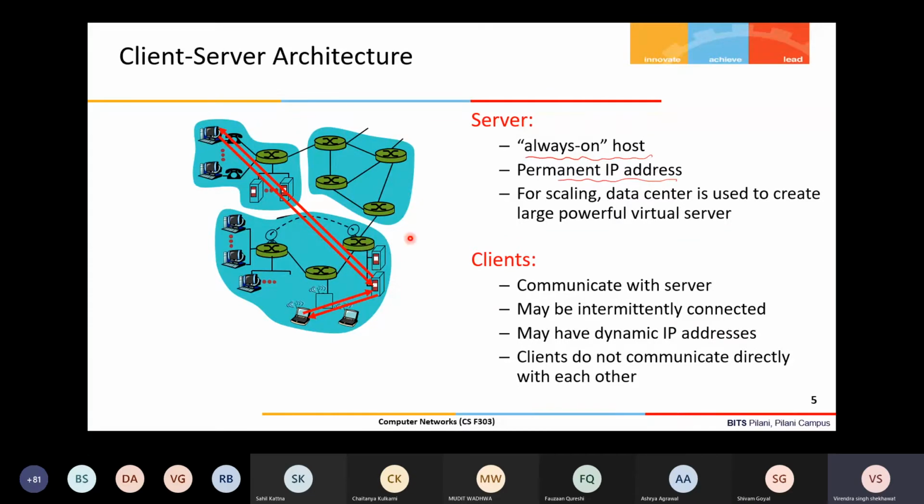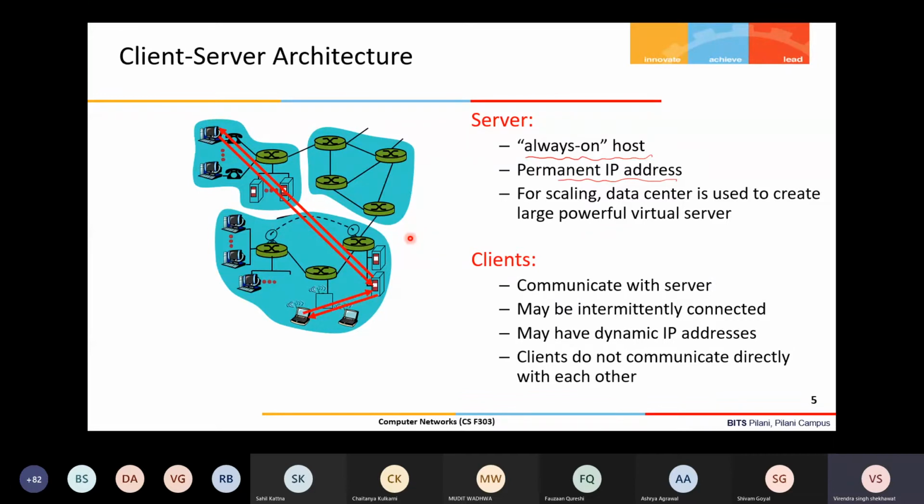The server does not send anything on its own, right? It's not like the server starts sending something to clients. It doesn't happen that way, we know that. So the client always initiates the communication, meaning they send some request, and as a response to that request, the server sends the response message, right?